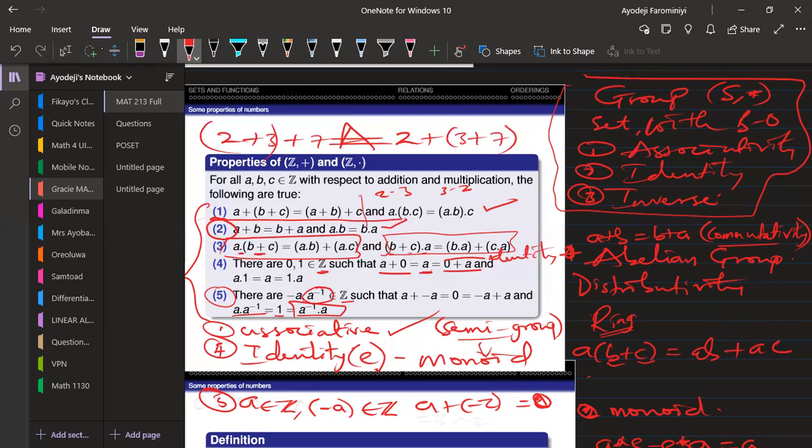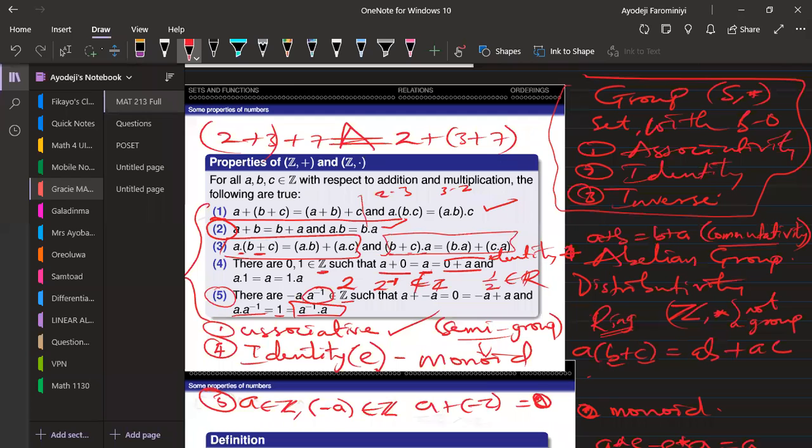For example, 2. What would be the 2 inverse? 2 inverse is not in Z. 2 inverse is 1 over 2, which is in R. It is not in Z. Are you with me? That is why the set of integers with respect to multiplication is not a group.